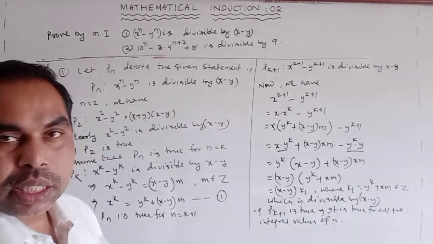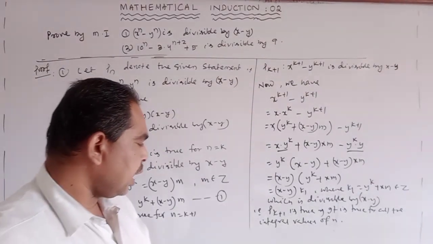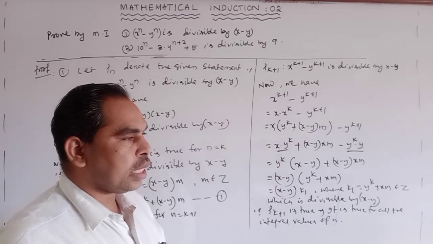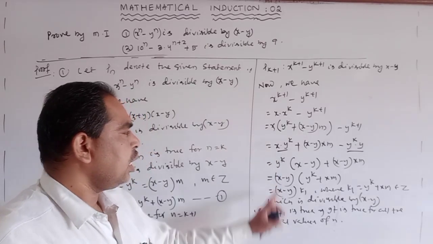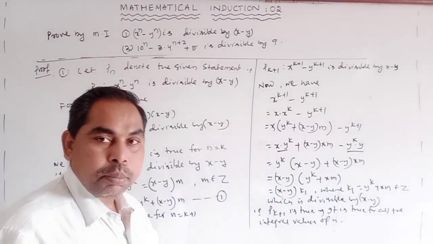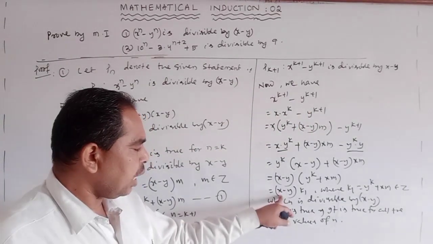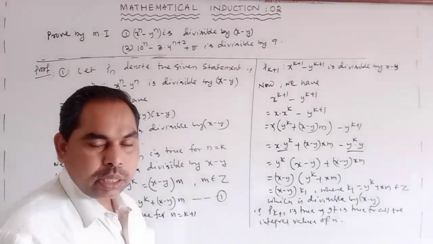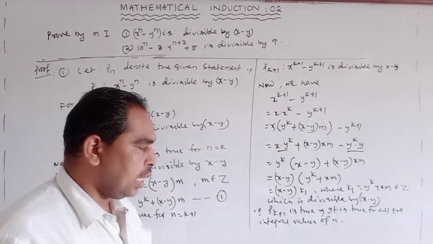Okay, so to show it is divisible by x minus y, you can show that this number is equal to x minus y times an integer. We have to express x to power k plus 1 minus y to power k plus 1 as x minus y times another integer.